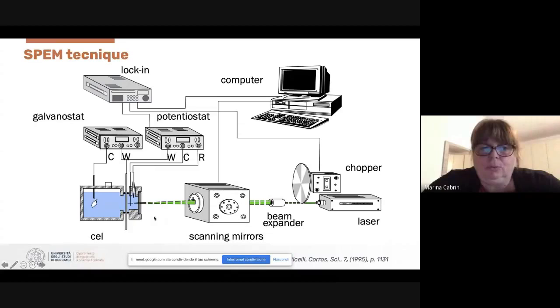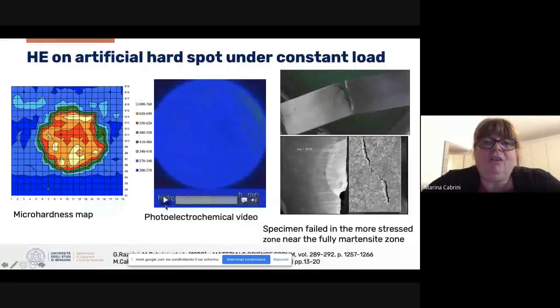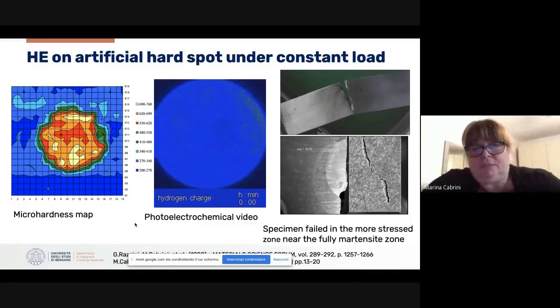The difference between the anodic current in the presence and absence of the light was attributed to the effect of hydrogen on the passive film on the specimen. In this way, it was possible to realize point by point a photoelectrochemical map that can evaluate the evolution of hydrogen on the exit surface of the specimen during charge or discharge.